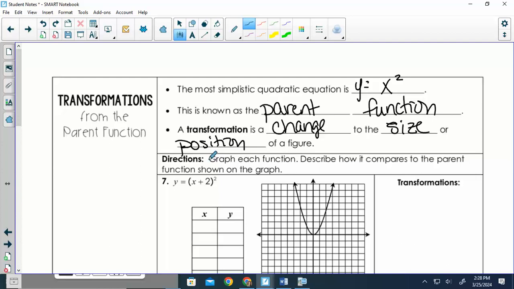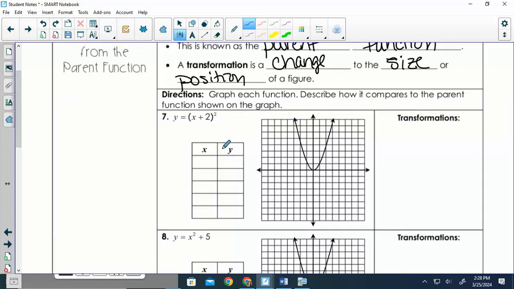Alright, so I'm going to do just a little bit with this, and then that's going to be where we pick up tomorrow as well. So if I looked at this one, where is my vertex at? -2. What's my y?